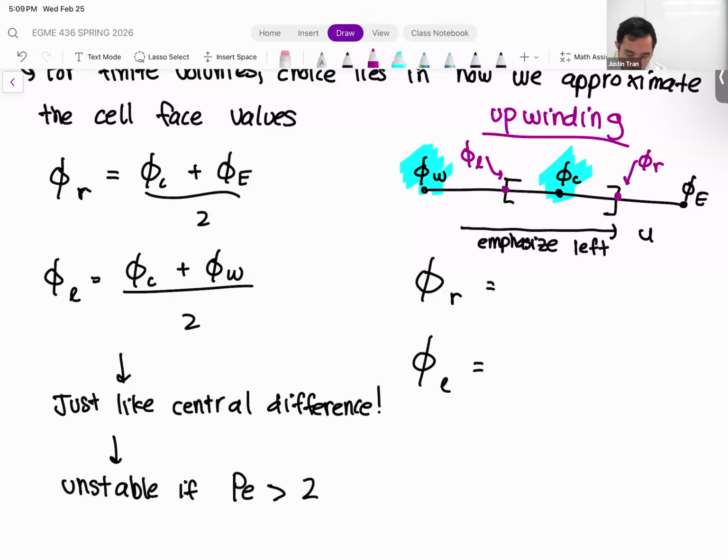So what if we said that phi sub l is simply phi sub w? That's the closest cell-centered value on the left of phi sub l. Same thing for phi sub r. We can use phi sub c, because that's the closest cell-centered value to the left of phi sub r.